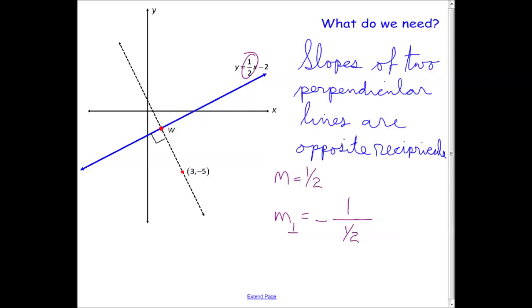Simplifying algebraically, this gives us -2 for the slope of that perpendicular line. Taking a quick look to double check, yes, that black dotted line does have a negative slope, and I could believe that it's steep enough to be a -2.